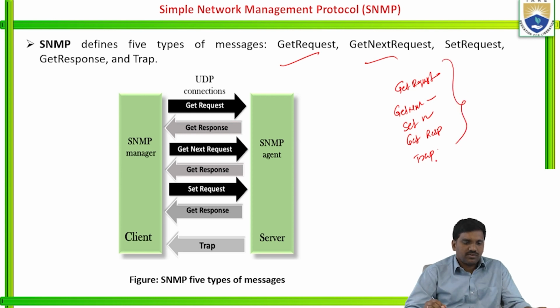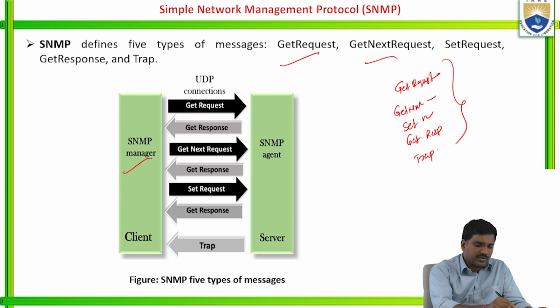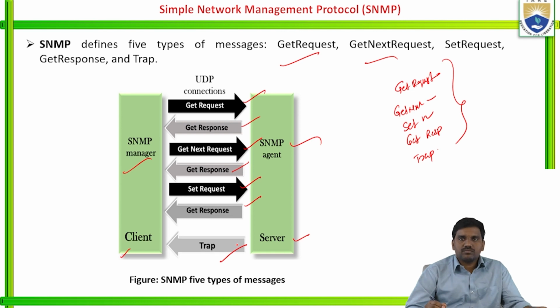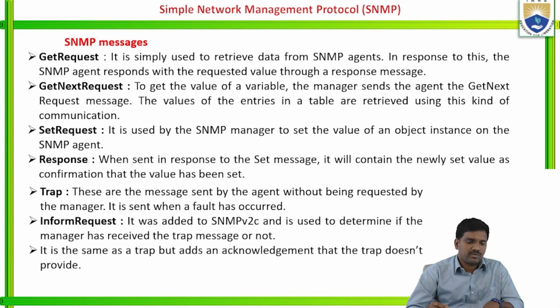These 5 types of messages are defined by the simple network management protocol. Here the SNMP manager is the client and the agent is the server. The connection is: get request to get response, get next request to get response, set request to get response, and trap.